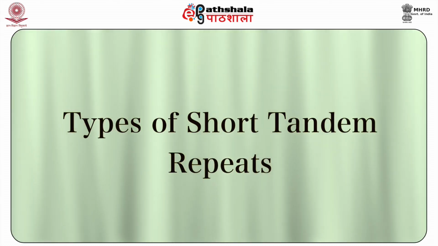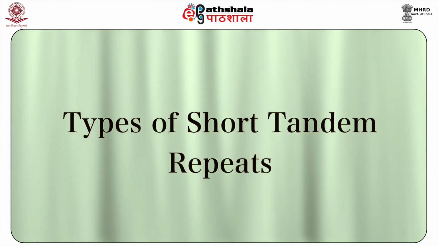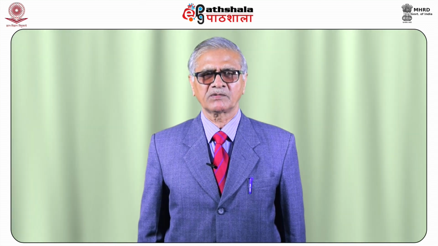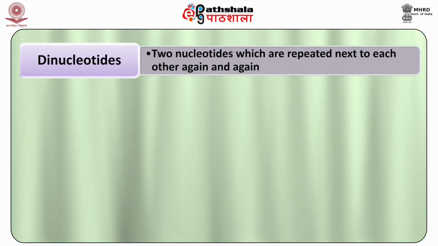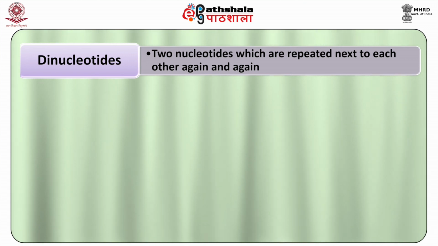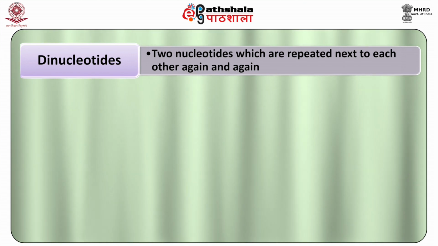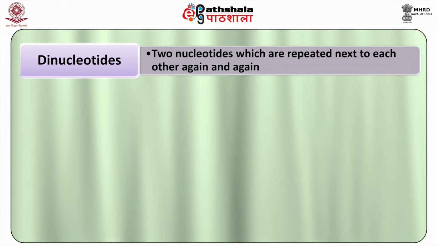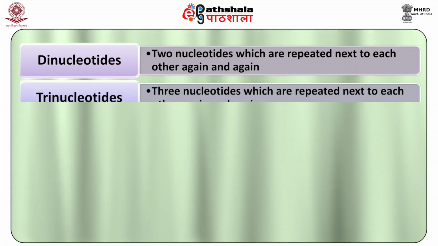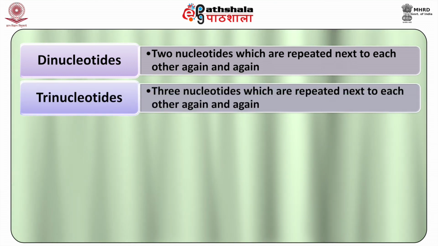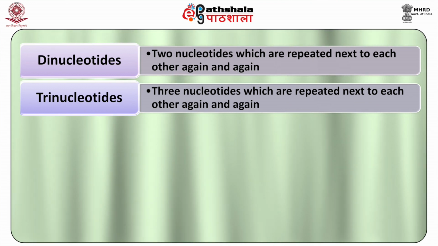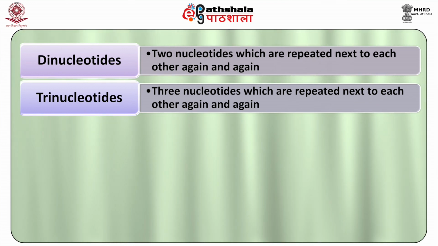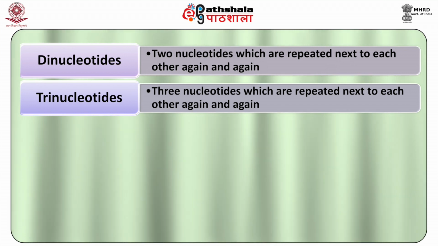The types of short tandem repeats on the basis of length are: number 1, dinucleotides. They have 2 nucleotides which are repeated next to each other again and again in the DNA. In trinucleotide STRs, 3 nucleotides are repeated next to each other again and again.